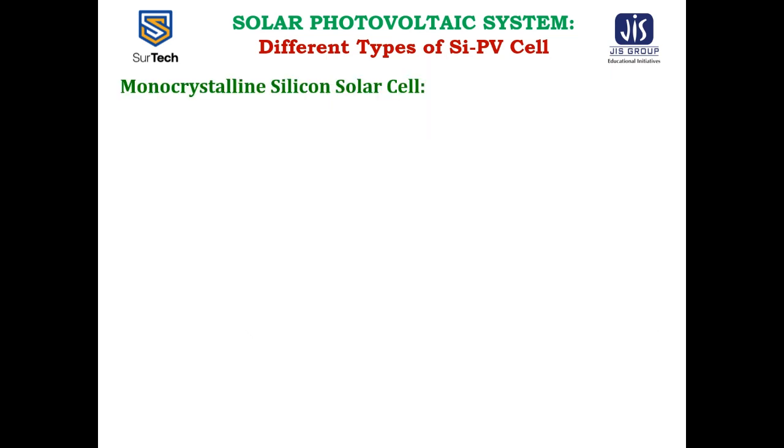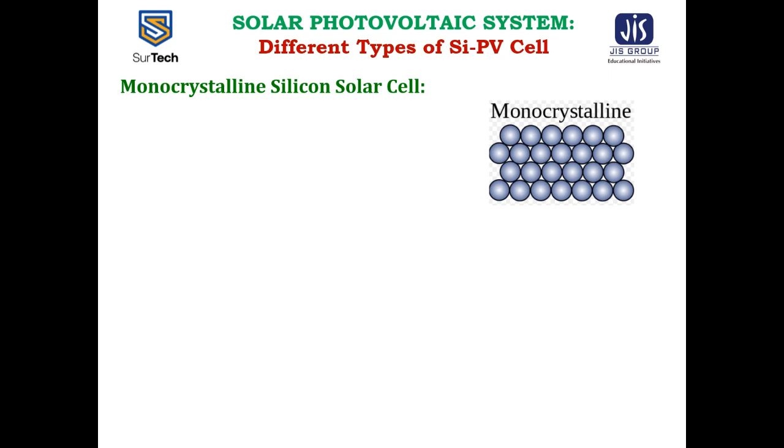Now come to the monocrystalline silicon solar cell. Monocrystalline silicon is a form in which the crystal structure is homogeneous throughout the material.